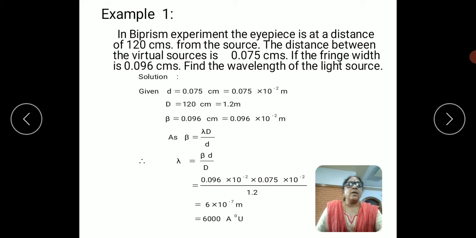So convert all centimeters into meter by multiplying by 10 raised to minus 2. As beta is equal to lambda d by D, lambda is equal to beta into small d divided by capital D. After substituting all the values of beta, small d and capital D, we get the wavelength of monochromatic light as 6 into 10 to the power minus 7 meter, that is 6000 angstrom unit.